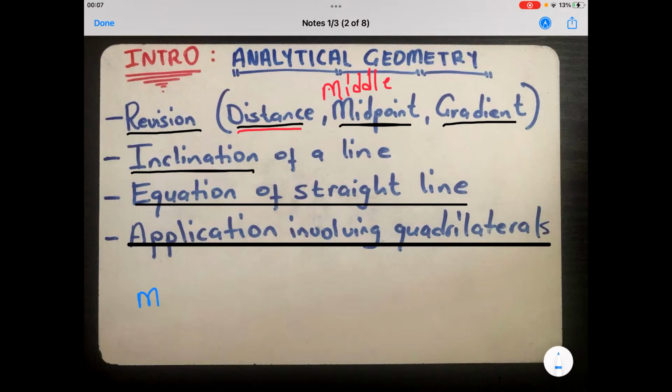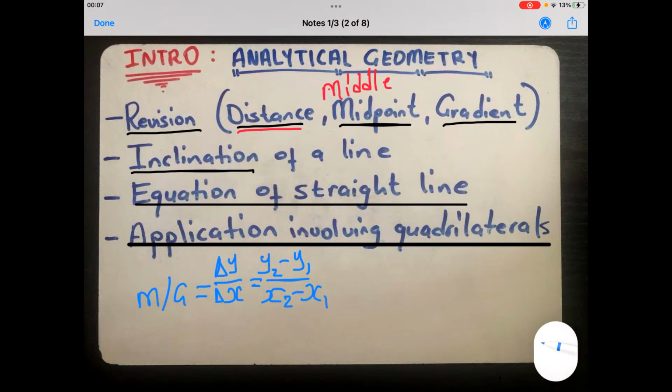We know the formula is change in y over change in x. When you expand that, you end up having y2 minus y1 over x2 minus x1. Again, you need 2 things, which could be 2 points.